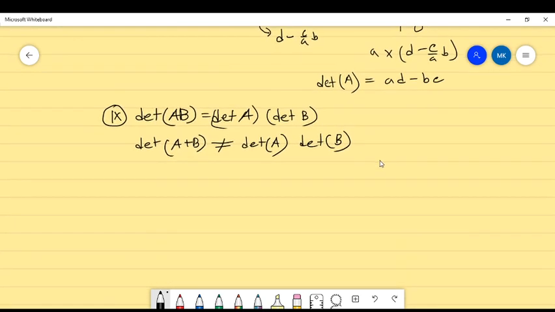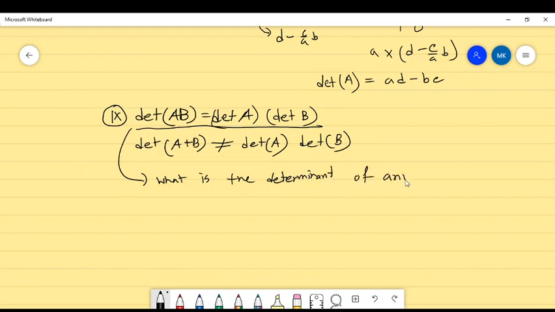From this property we can find the determinant of the inverse of any matrix A. We know that A times A inverse is I. If you multiply any matrix with its inverse matrix, you get the identity matrix, right?